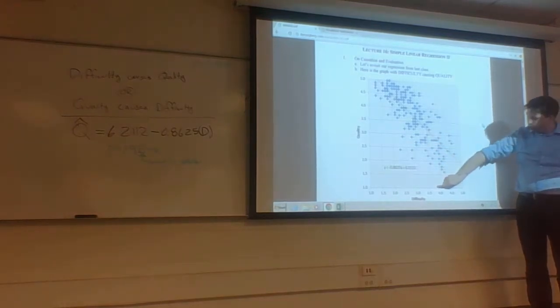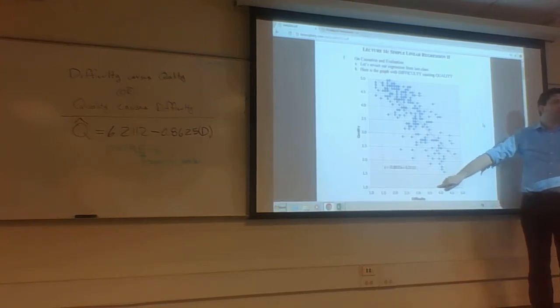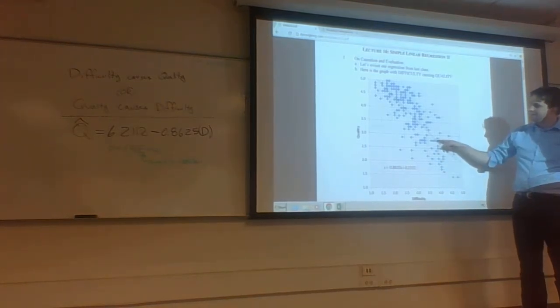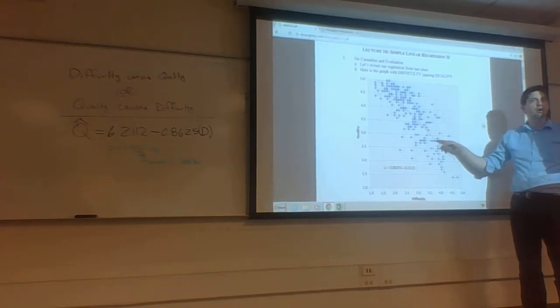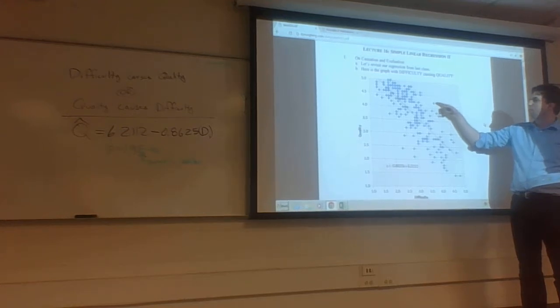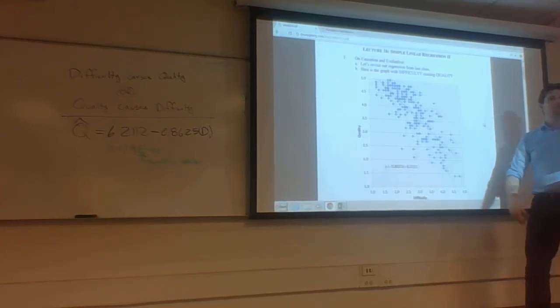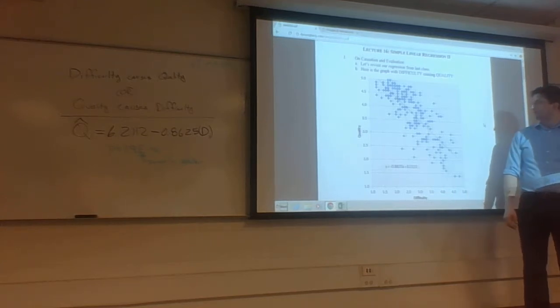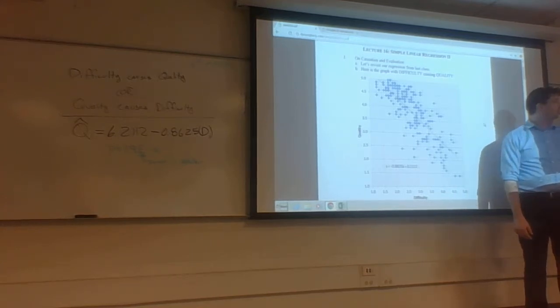They got a rating of 3.8 on the difficulty, which means they should be right about here, at roughly 2.7 or 2.8 on the quality. But they're not 2.8 on the quality. They're all the way up at like 4.2. If you look at a 4.2, you might think, oh, that person's pretty good. But given how hard they are, they're a lot better than what they quote-unquote should be.